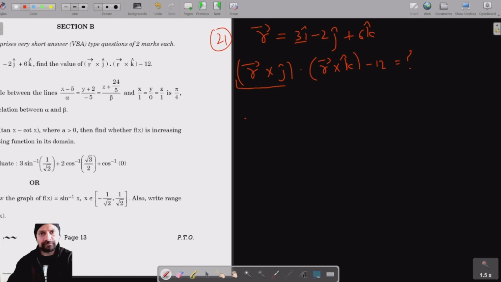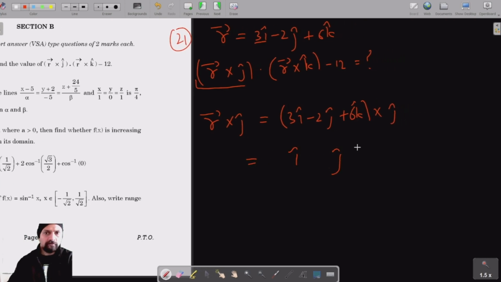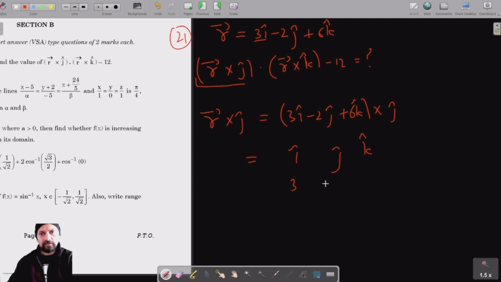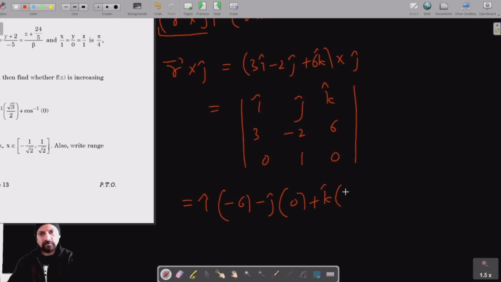So r vector is, so r into j cap, let's find its cross product. So this is 3i cap minus 2j cap plus 6k cap cross product with j cap, and this is equal to the determinant of i, j, k, 3, minus 2, 6, and for j we have 1 and 0 for i and k, which gives us i cap into negative 6 minus j cap into 0 plus k cap into 3.